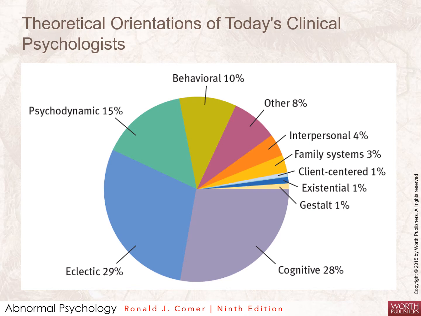You see family systems at 3%. Gestalt at 1%. So there's really not much going on here other than cognitive behavioral, psychodynamic, and eclectic, which is multimodal. You don't see much in the way of the humanistic psychology here in modern days.